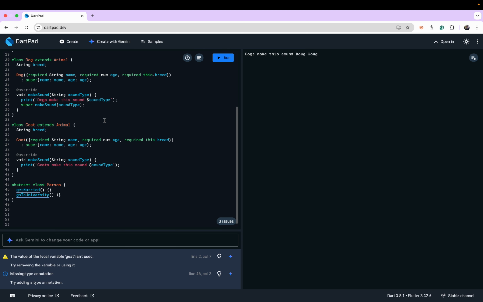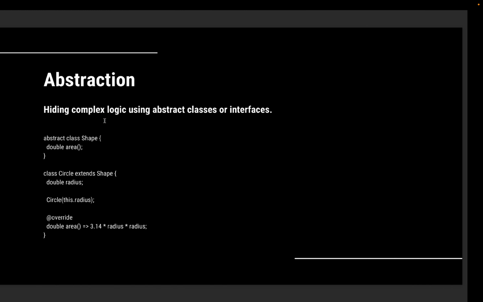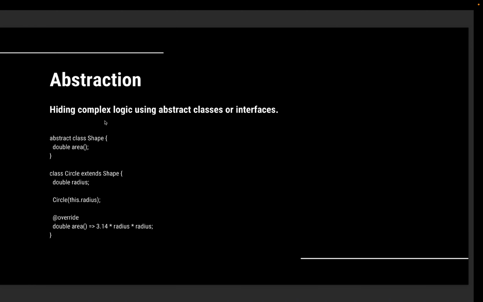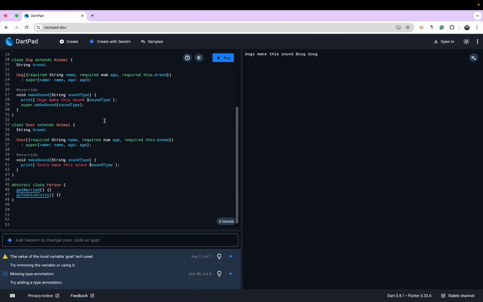So now when it comes to abstract classes, we use the keyword implement to ensure that you inherit and conform to everything in there.